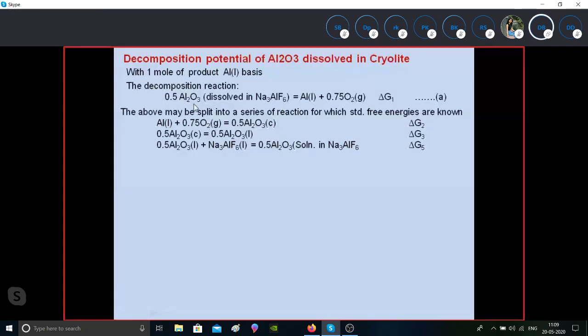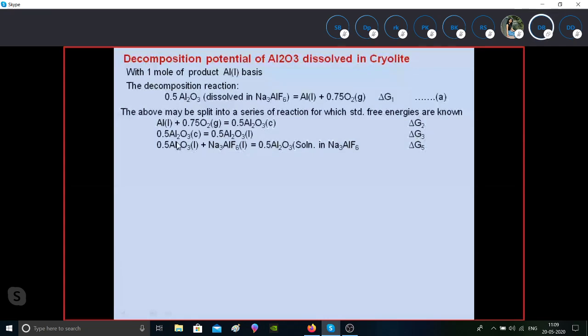So alumina is nothing but aluminium plus 0.75 oxygen gives me 0.5 Al2O3 condensed phase, because I am going by the balance of this reaction. So aluminium liquid plus 0.75 oxygen gives me 0.5 Al2O3. Al liquid is my basis. So I give it as delta G2.